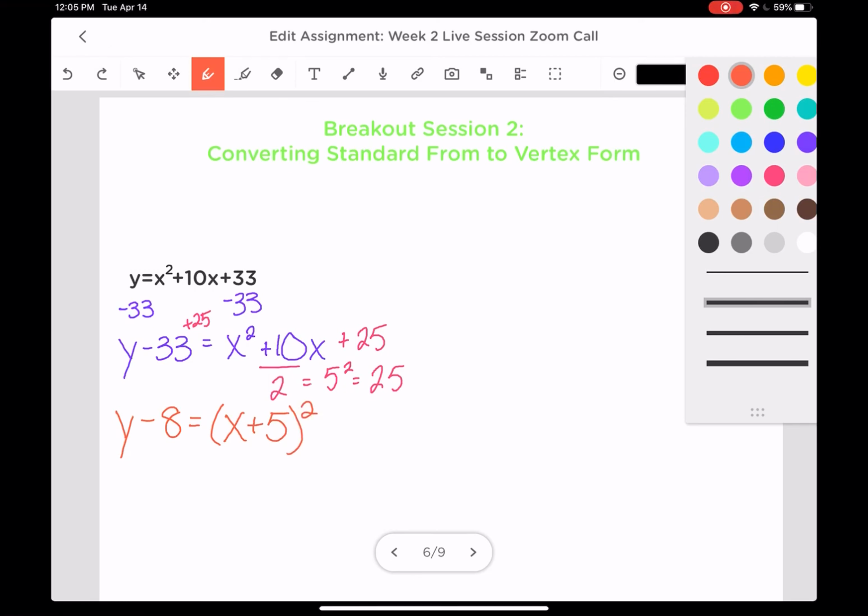Again, the number inside the parentheses is b divided by 2. And my very last step is to get y by itself. So I need to add 8 to both sides. So my vertex form becomes y equals x plus 5 squared plus 8. In this example, your vertex would be at negative 5, 8.